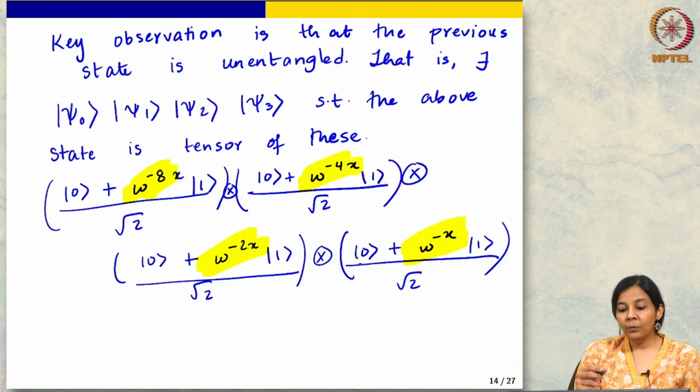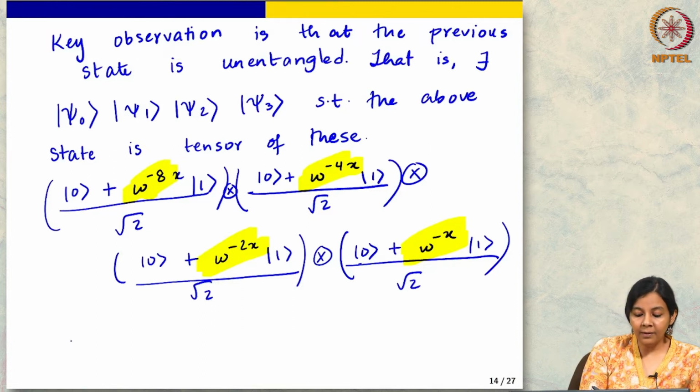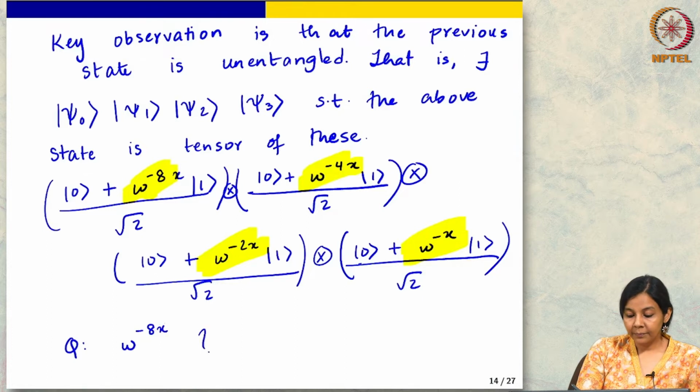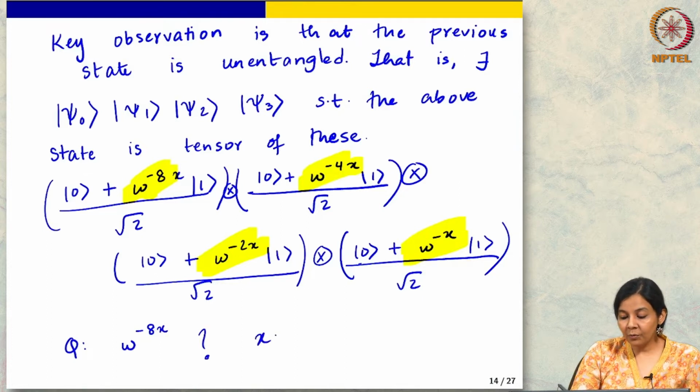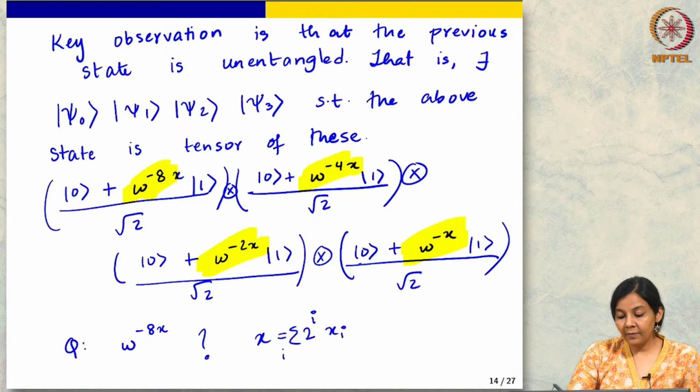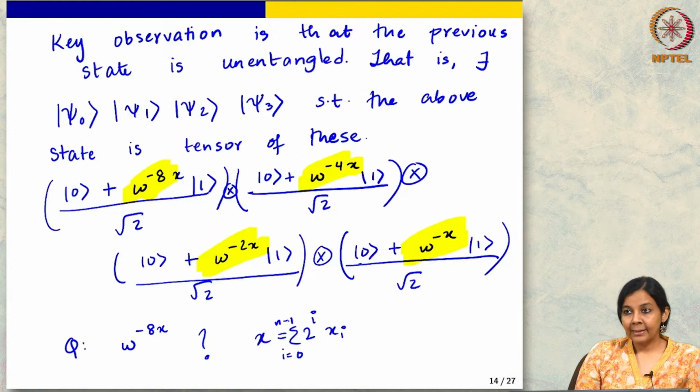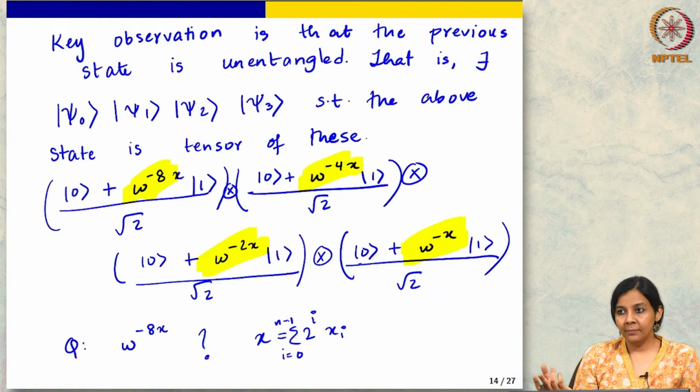Now, here is my question. What is omega to the minus 8x? What is this equal to? So, x is the summation of 2 to the i times xi, where i is going from 0 to n minus 1. I am just going from binary to integers, nothing more.